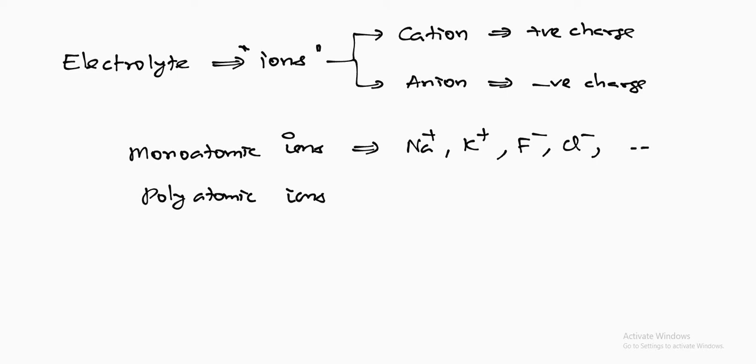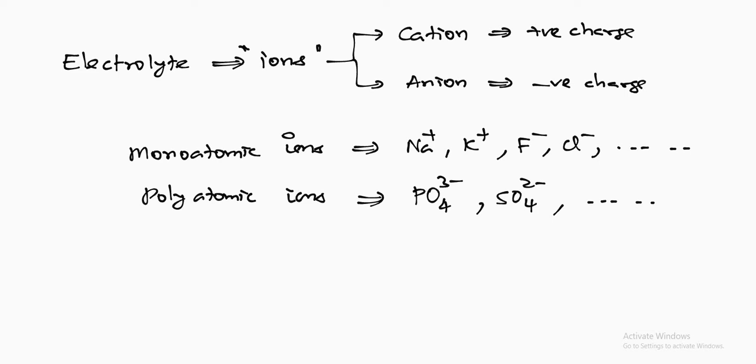Like that we have plenty of examples. What is polyatomic ions? Polyatomic means group of atoms. Say phosphate, PO4 3-. Group of atoms, they carry charge, PO4 3-, SO4 2-. Like that we have plenty of examples. These are all called polyatomic ions. So the ions can be monoatomic or the ions can be polyatomic. Take note.